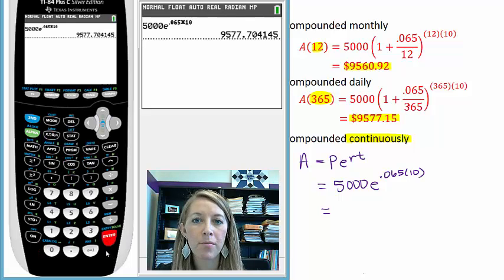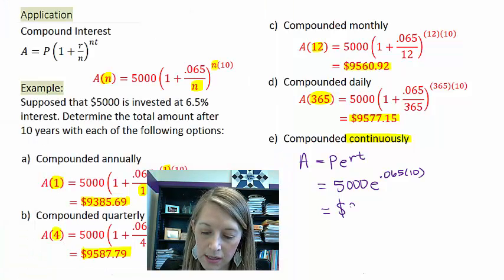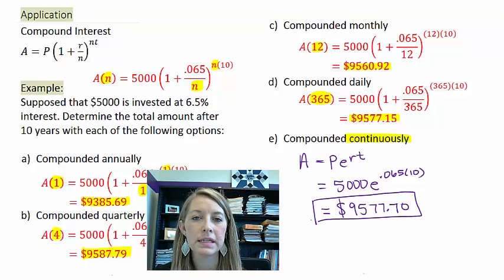And we see that our amount compounded continuously throughout 10 years is $9,577.70. So our answer here is $9,577.70. And so that is our answer to compounding continuously.